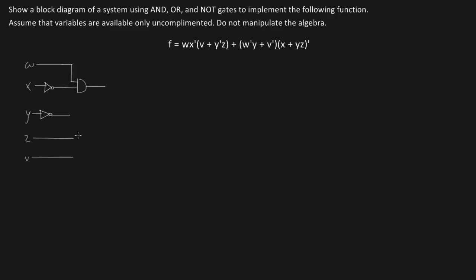Oh, I forgot to AND those. Yeah, so those two have to be ANDed together. So another AND gate here, right? And then the V is going to be ORed with this part of the function here.